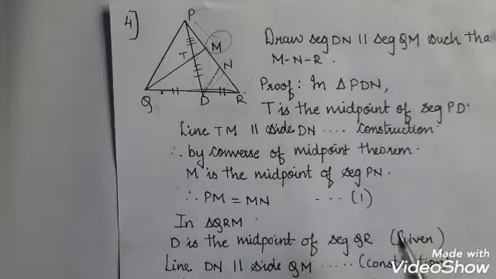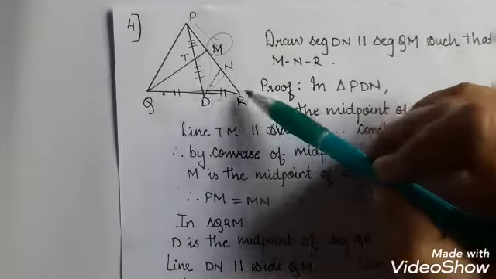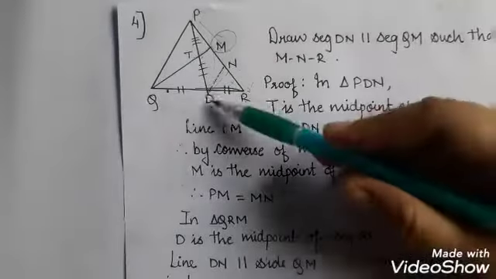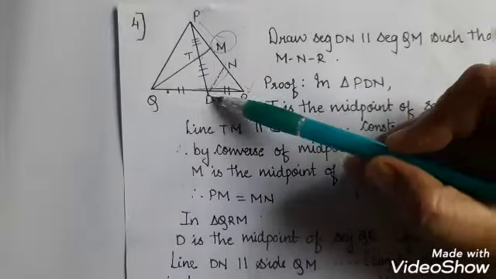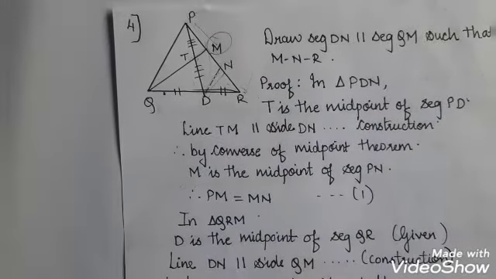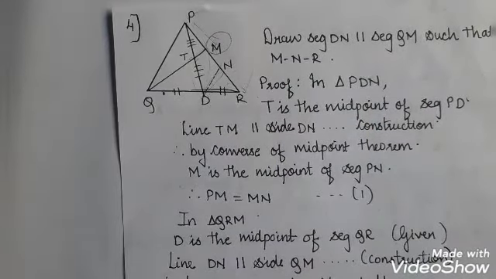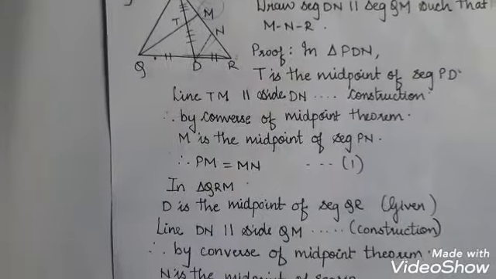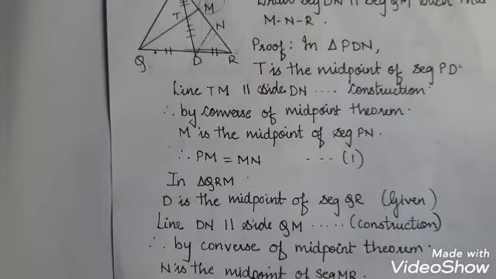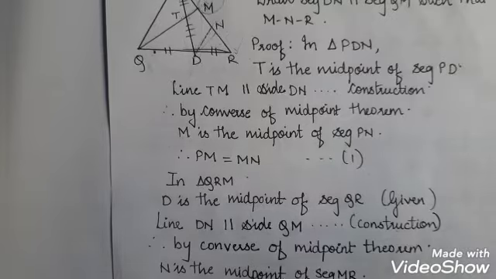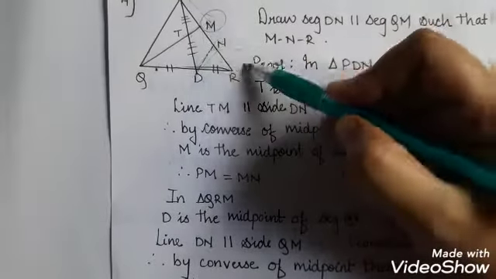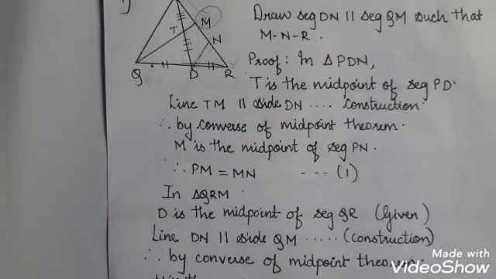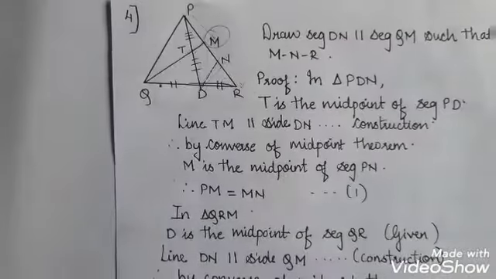Next, in triangle QRM, point D is the midpoint of segment QR, that is given to us. Now if D is the midpoint of QR, and DN is parallel to QM, then again by converse of midpoint theorem, N is the midpoint of MR. That means MN and NR are equal.